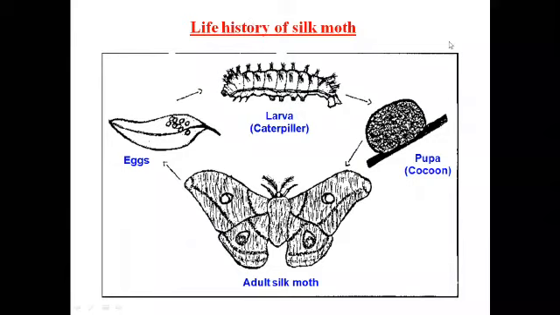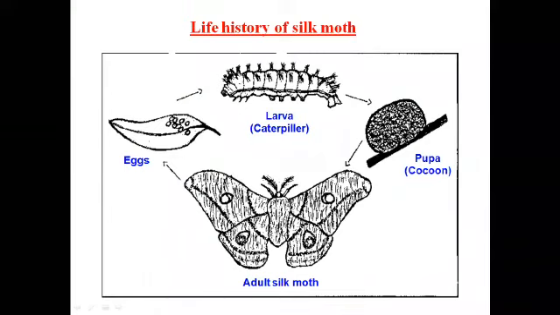Now look at the life cycle of the silk moth. You can see that the adult silk moth lays eggs on the mulberry leaves. The egg hatches to give a caterpillar, or larva, or silkworm. There are three names for it.